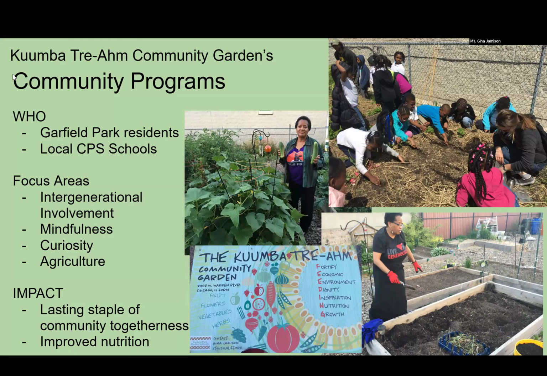Okay, impact, lasting staple of community togetherness. That's what it's all about, and that's what I enjoy about the persons on the panel. We've all met each other. We all connected. Even Nate came to the garden of KTA and grew garlic. He took a whole box of garlic. Nicole, she comes and she brings the environment of the autistic babies back and forth, and they integrate because we're across the street from each other.